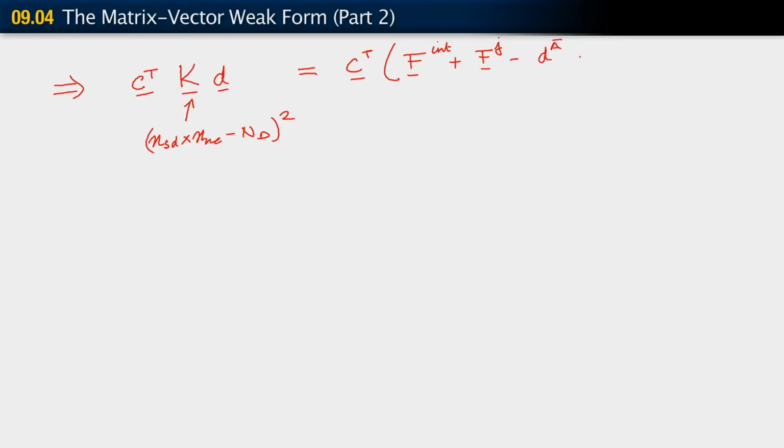Just that degree of freedom, just that scalar, multiplying the K bar A bar column, minus dB bar, multiplying the K bar B bar column. Okay, and this finally is our full F vector, also with dimensions NSD times NNE minus ND.